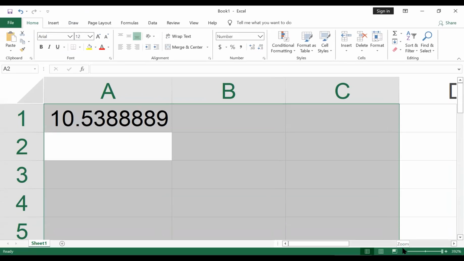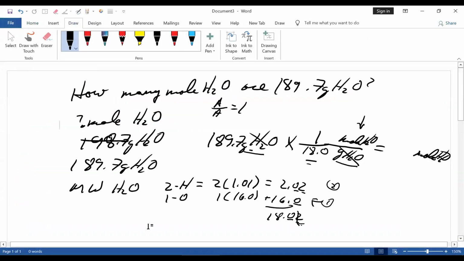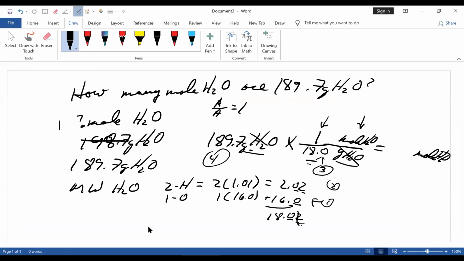And if you go back, and we will, on my test, we'll say, please use proper significant figures for all calculated answers. You notice this one has 4 significant figures. This is an exact number, which does not play a role. The 18.0 is 3 significant figures. When you do multiplication or division, you get the same number of significant figures in your answer as the number that you're using as the least. I think you'll all agree 4 is less than 3.